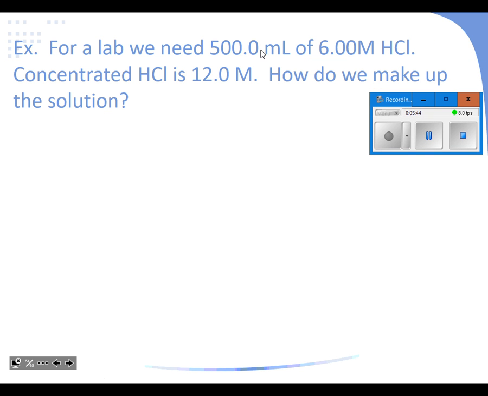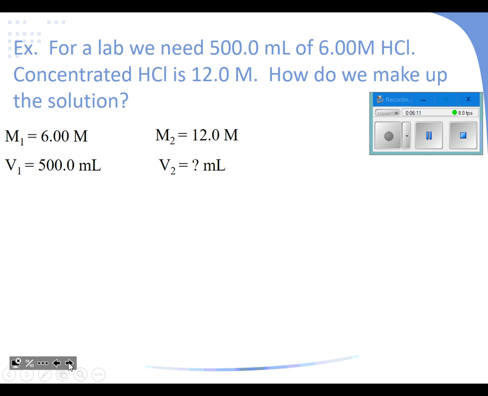For a lab, we need 500 milliliters of a 6 molar solution, but we're starting with a 12 molar solution. So we have a desired molarity of 6 and a desired volume of 500 milliliters, and we're starting off with concentrated 12 molar, so we need to know what volume of that we need to use in order to make what we need.